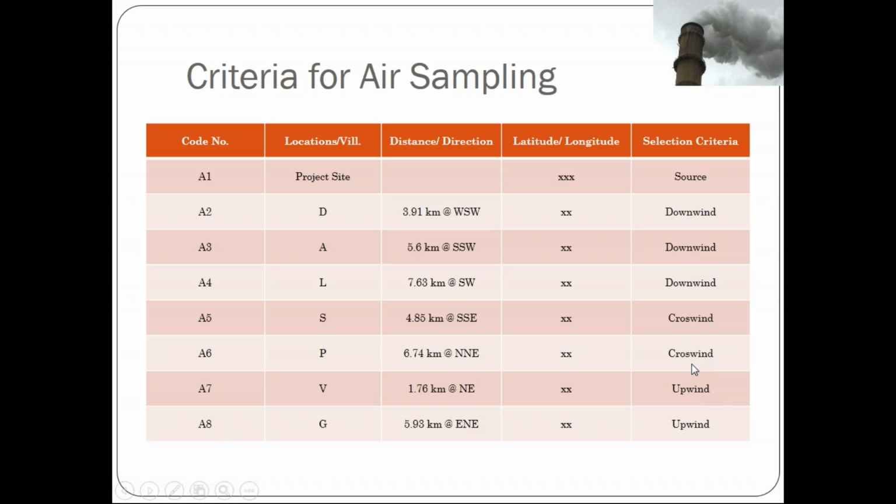Crosswind is down or up. One is on either side and another is on one side. So these are the crosswind. Then you have to go for at least one in the upwind direction to compare in the operation phase, whether it was created by your operation or other operations.